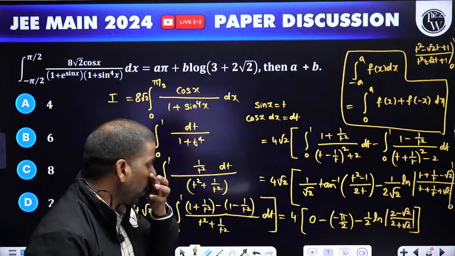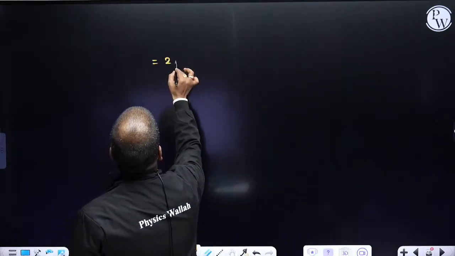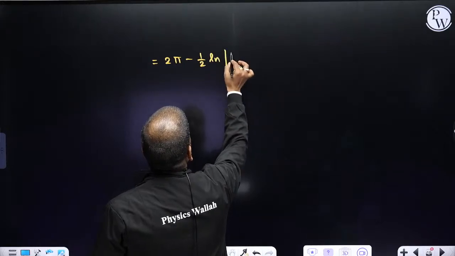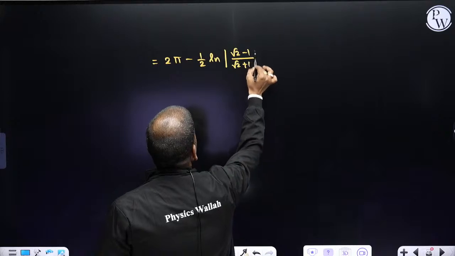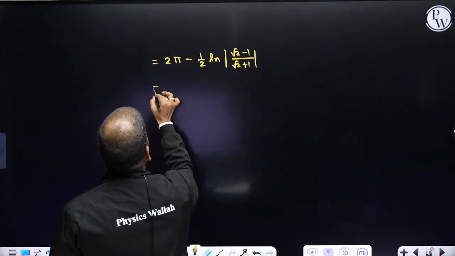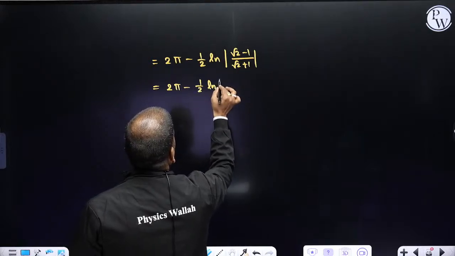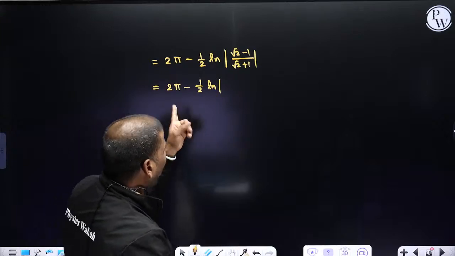4 times pi by 2, so 2 pi. Which is equal to 2 pi minus, ln of root 2 can get cancelled, root 2 minus 1 by root 2 plus 1. Afterwards 2 pi minus 1 by 2 times ln of, I rationalize this, root 2 minus 1 whole square.